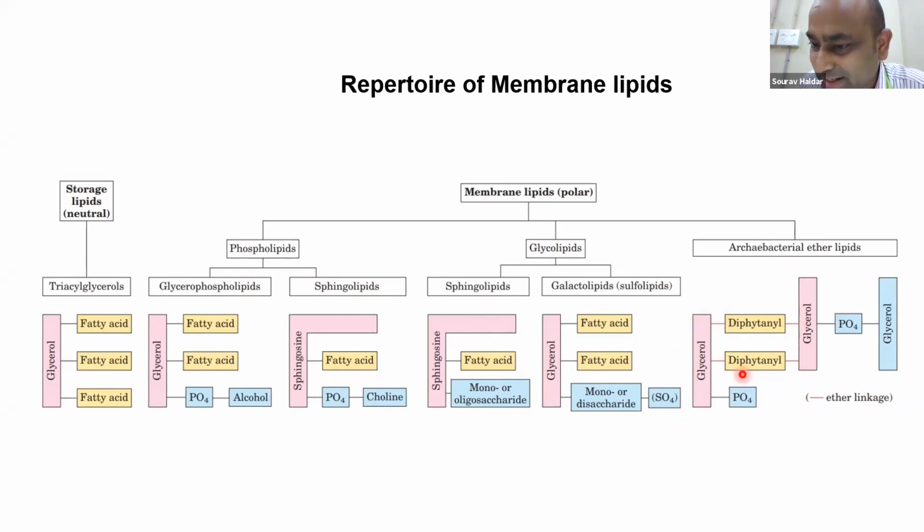So both ends are actually connected, as shown in this schematic. Another important distinction of archaebacterial lipids from bacterial lipids or mammalian lipids is that the linkage between the glycerol and the fatty acid is an ether linkage.